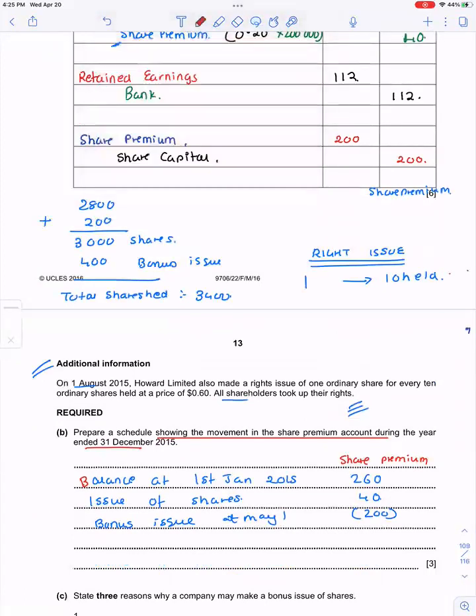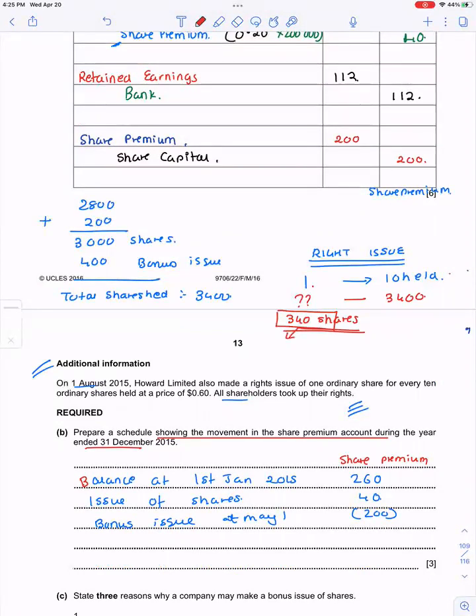So we are doing right issue, 1 share for every 10 held. So total shares that were held was 3,400. So how many shares will you give as right shares? 340. 340 shares you will issue as right issue.